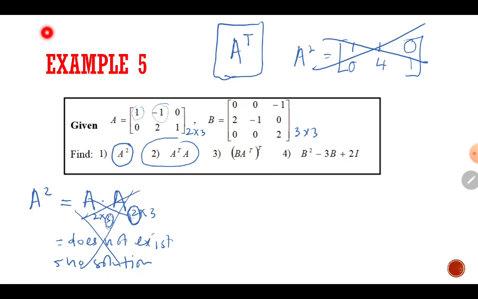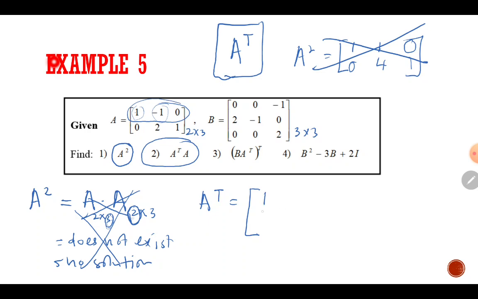What about 2? Example 5, number 2 here. A transpose times A. Okay, we have A here, which is 2 times 3. What about A transpose? We transpose A, so first we have to find this transpose. So the first row becomes the first column.